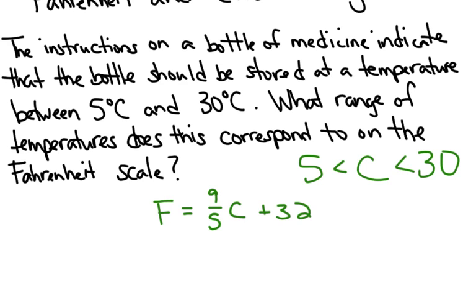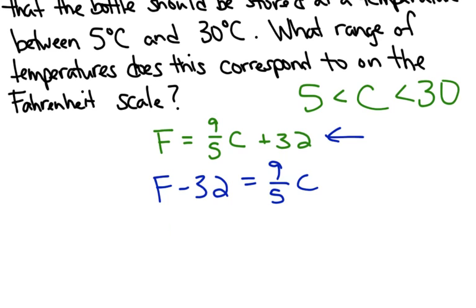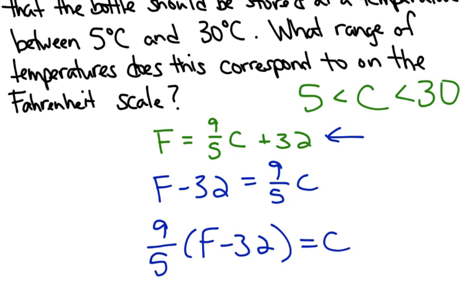Well, there are two ways of going about doing this. Both ways involve converting this equation into C equals. So you need to subtract your 32, and then you need to multiply by 5/9. So there's the formula for converting Fahrenheit into Celsius.